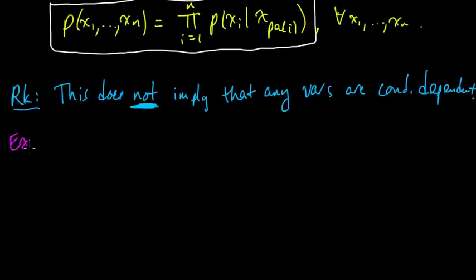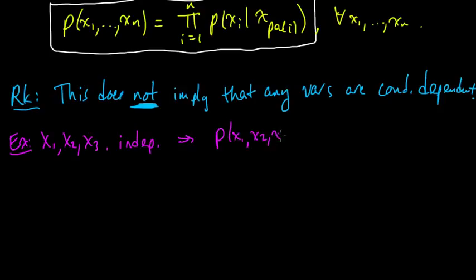So here's an example. If we have x1 to xn, let's just make it x1, x2, and x3, you can generalize it. Let's suppose these are mutually independent. Then of course their joint distribution equals the product: probability of x1, probability of x2, probability of x3.